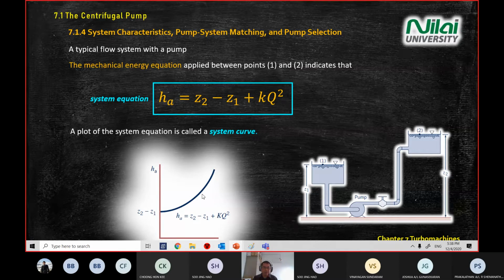You start with the intersection at Z2 minus Z1, and the quadratic curve here, because you have a Q square here. So this is called the system curve. Sometimes we'll ask you to plot this or choose the correct system curve. So you use this equation to look at the system.